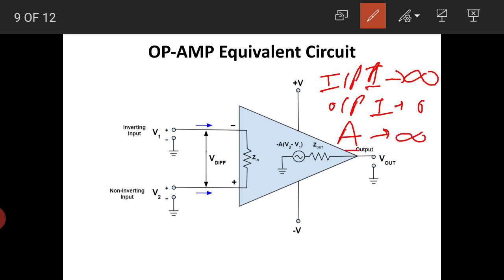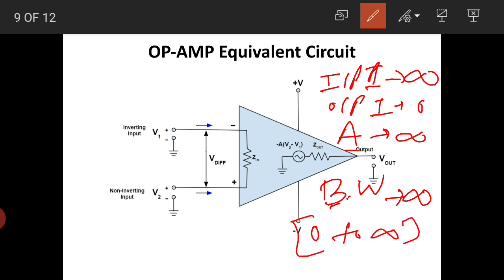And the bandwidth will also be equal to infinite for the ideal amplifier, which means that this operational amplifier will work for the frequency range from 0 to infinite. That's why bandwidth is infinite.